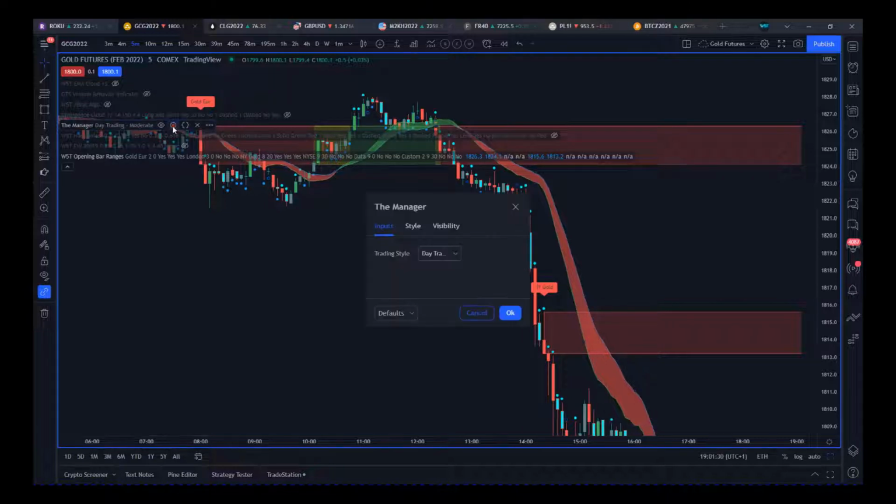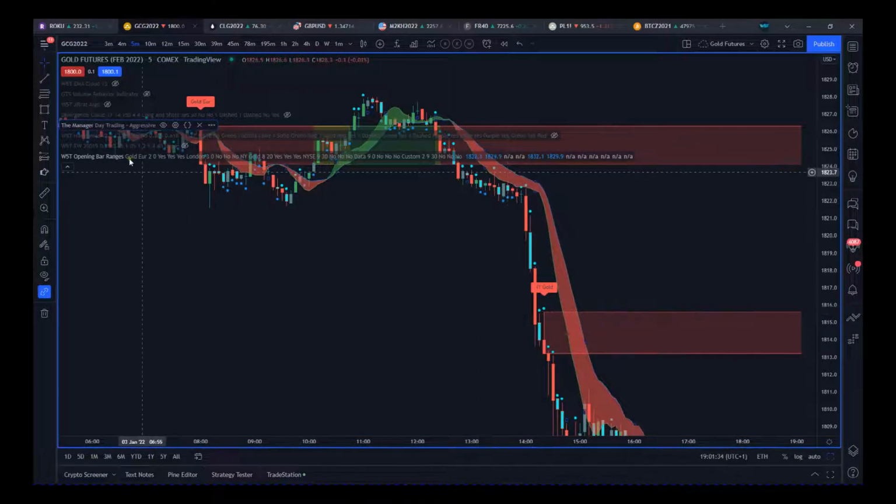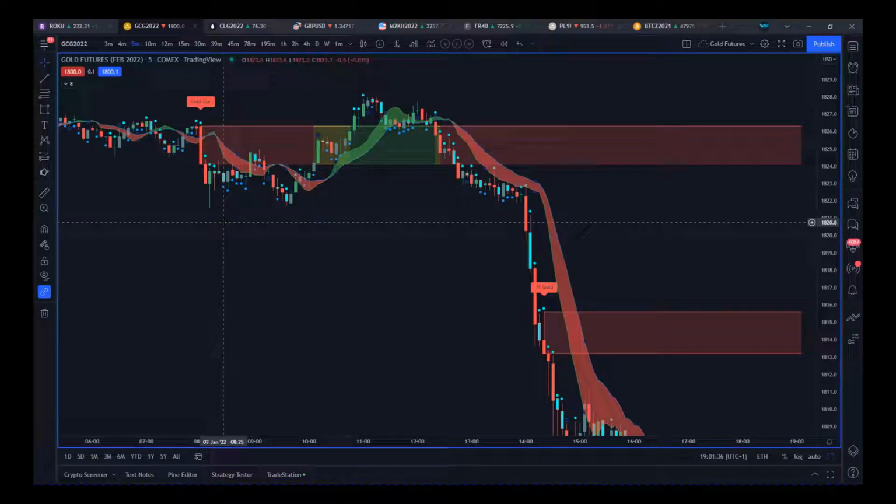One of the things you can do is just adjust it to day trading aggressive, because this is a breakout strategy. When gold or oil or whatever you want to use it for breaks out, it breaks out with a lot of force, and when it goes, it goes. So if it doesn't go, you want to use the aggressive setting on the manager.